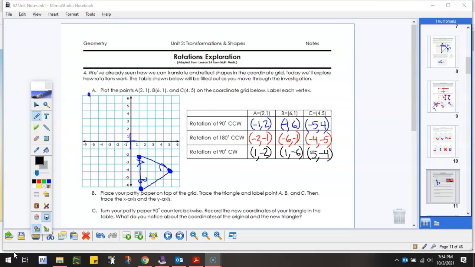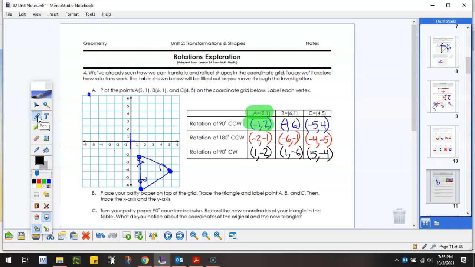So for question A, and I should have probably answered these as we went, it said turn it 90 degrees. Do you notice anything with the new coordinates? If we look at 90 degrees counterclockwise, how are these coordinates related? For example, it was (2, 1), now it's (-1, 2).